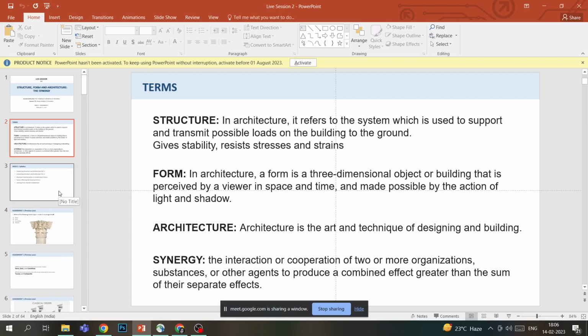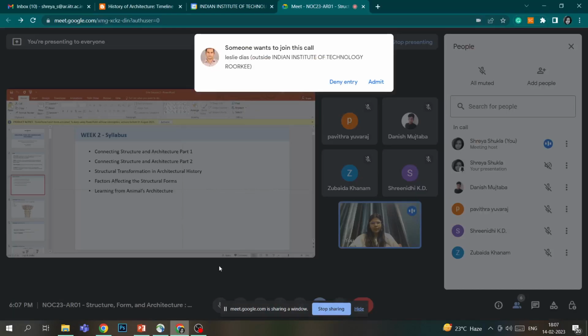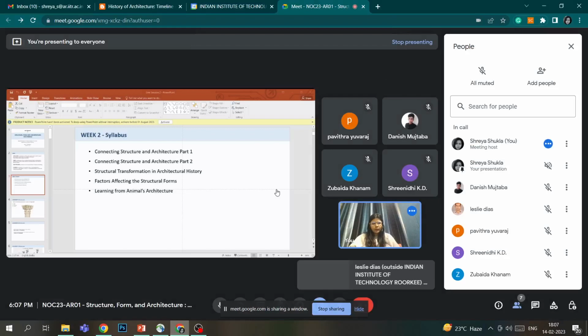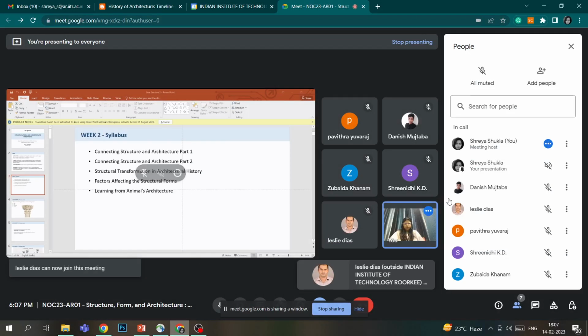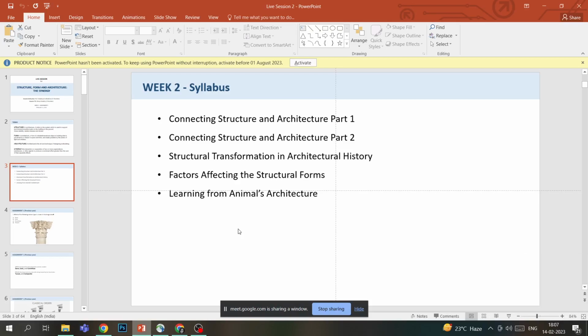So moving on to the week 2 syllabus. The syllabus covered in week 2 was connecting structure and architecture part 1, connecting structure and architecture part 2, structural transformation in architectural history, factors affecting the structural forms, and learning from animals' architecture.